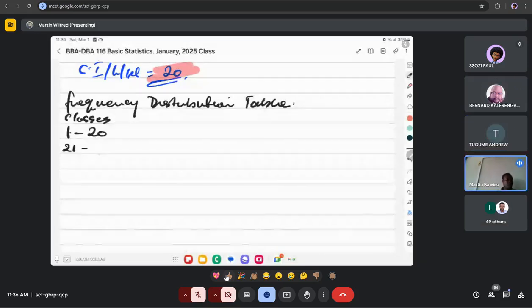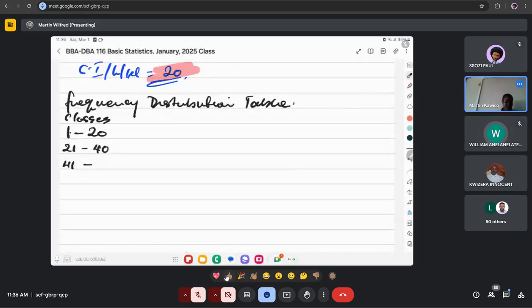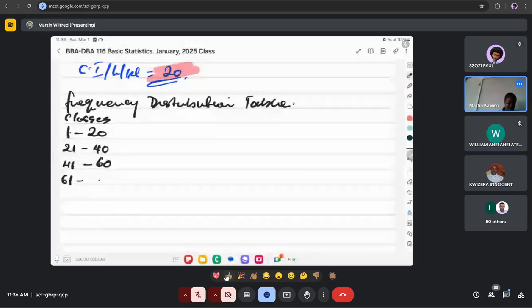From 21 to the next group, we add 20, giving us 41. From 40 to the next, we add 20, giving us 60. From 41 to the next group, we add 20, giving us 61. From 60 to the next group, we add 20, giving us 80.